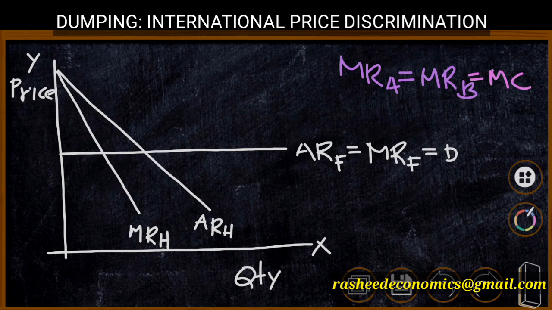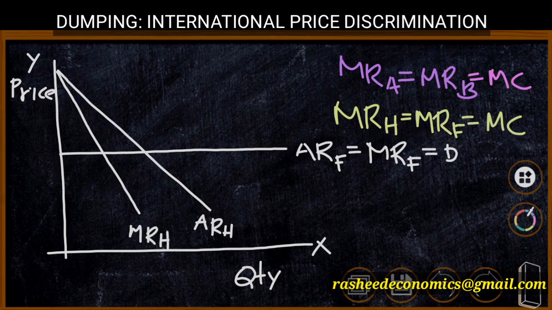This is the condition applicable to a discriminating monopolist if there are two markets, market A and market B. Here we can consider the home market as market A and the foreign market as market B. Therefore, we can write the equilibrium condition in dumping as MRH, the marginal revenue of the home market, equal to MRF, the marginal revenue of the foreign market, equal to the marginal cost, MC. Here the marginal revenues from different markets must be the same and must equal the marginal cost. This is the equilibrium condition of dumping.